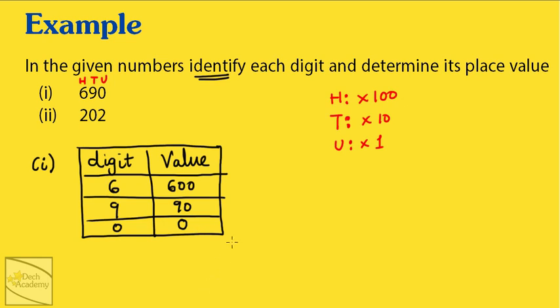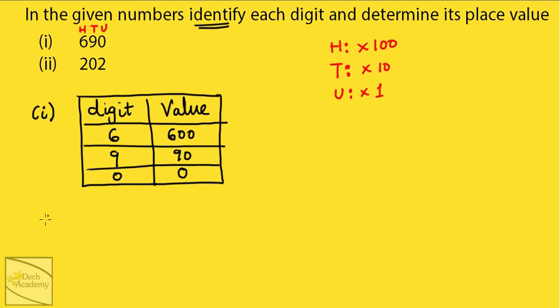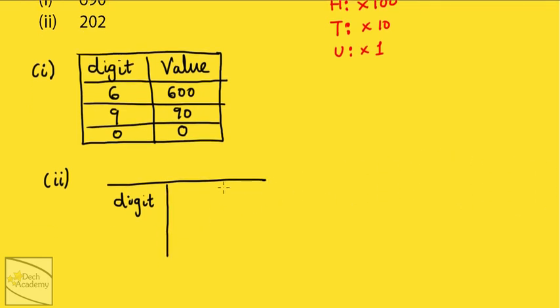So there you go. For the second number, I'll improve the table. It will now have 3 columns. So what I'll do is have the digits, and have the place or position. I'll say place.